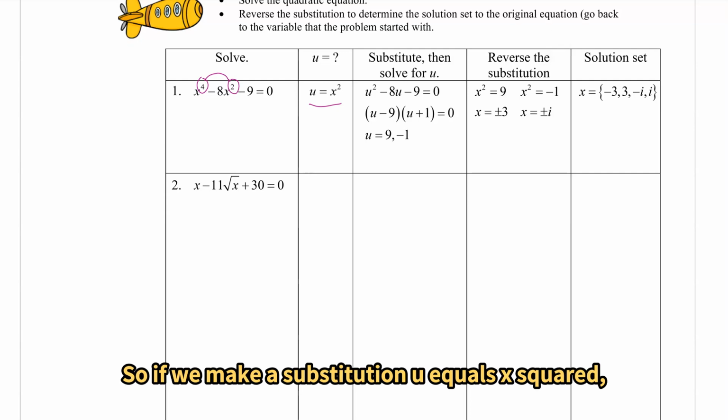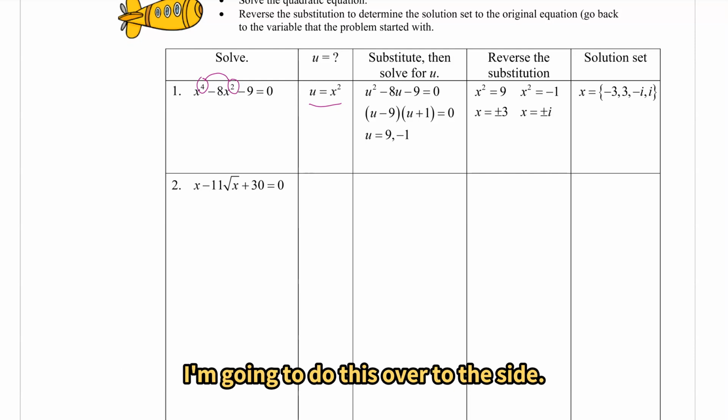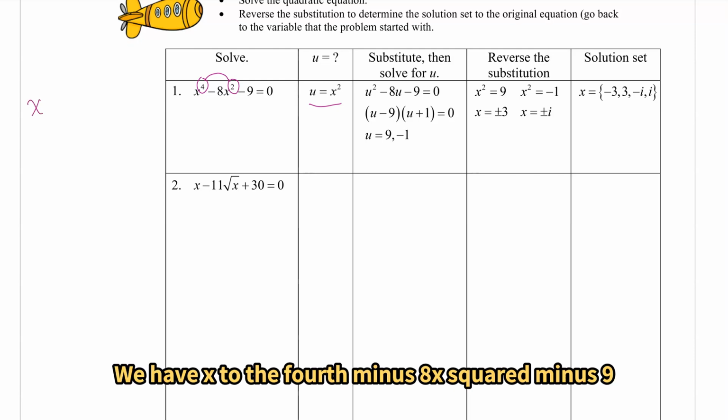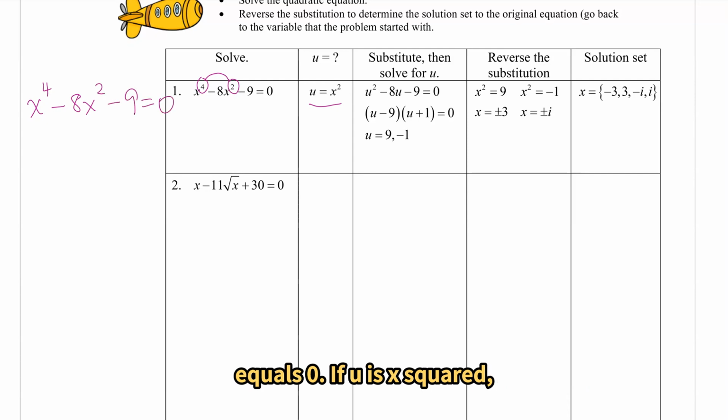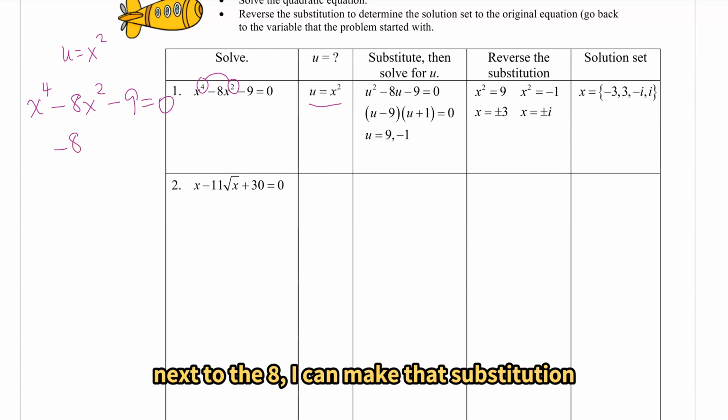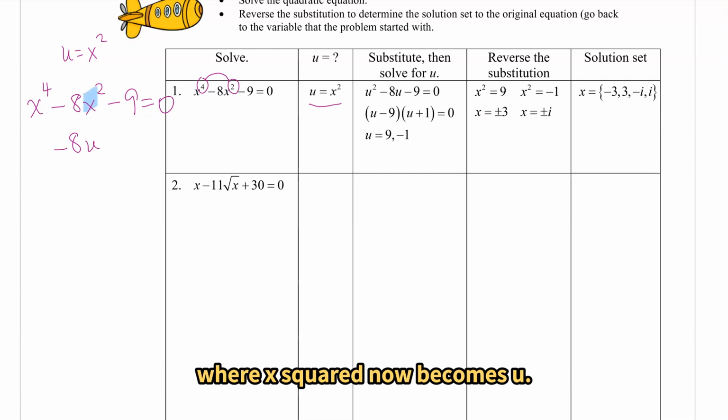So if we make a substitution, u equals x squared, I'm going to do this over to the side. We have x to the 4th minus 8x squared minus 9 equals 0. If u is x squared, then right here next to the 8, I can make that substitution where x squared now becomes u.